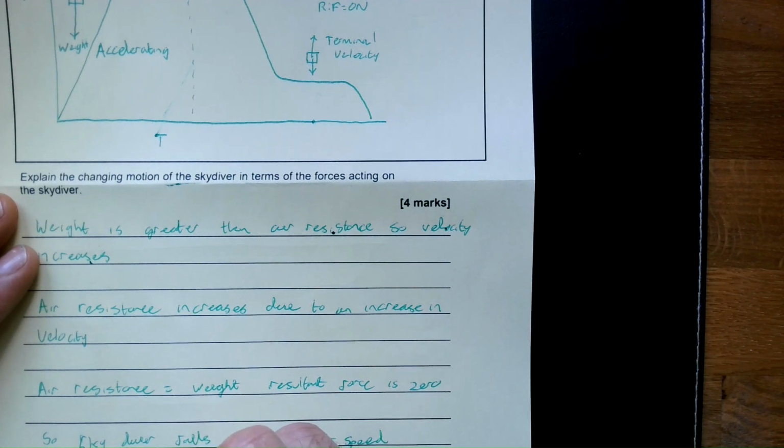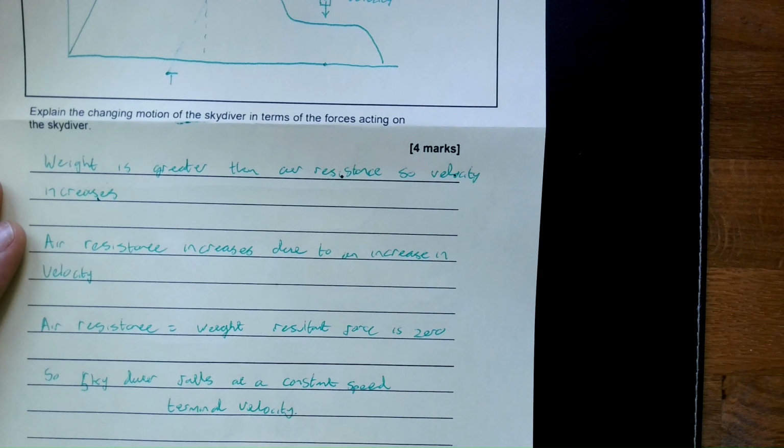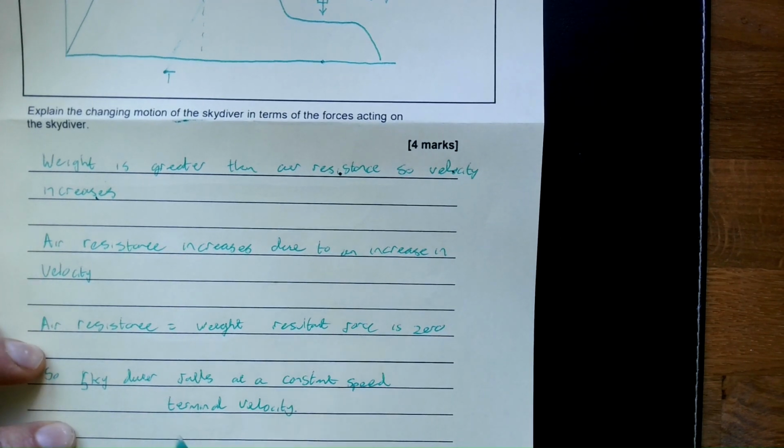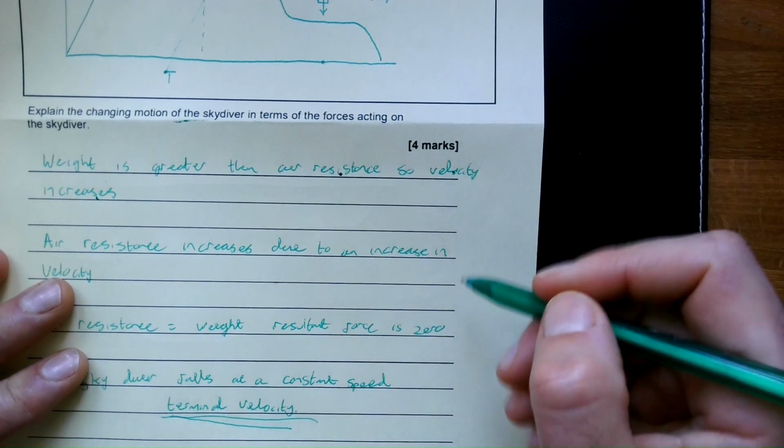Always mention terminal velocity, because that will get you a mark. And that's it. Oh, sorry, you can't see that bit at the bottom there. It is terminal velocity. So whenever it's falling at a constant speed, call it terminal velocity. And then that's the 4 marks.